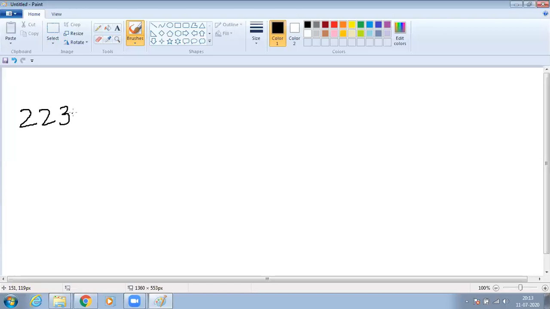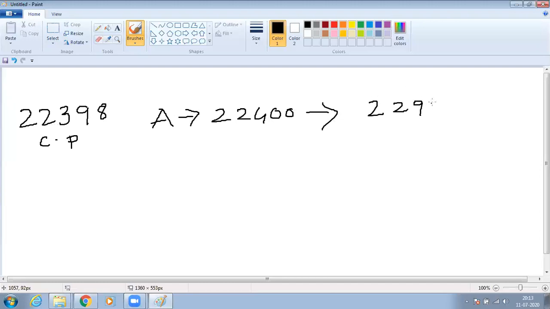22,398 is the current price. Suppose A is having an expectation that it would go very high beyond 22,400, something like 22,900. He has very much confidence that it would increase, basically beyond 22,500, it might be 22,800 or whatever.